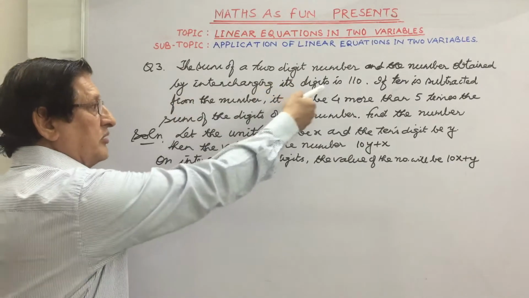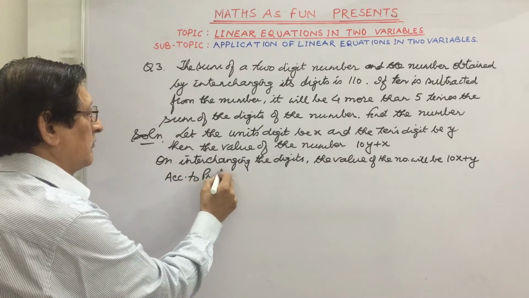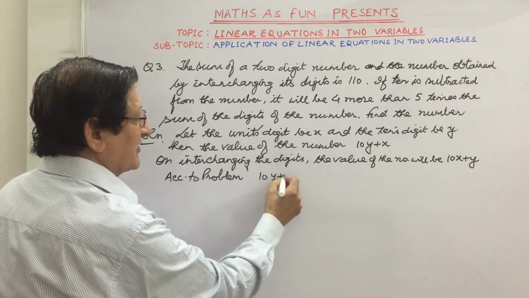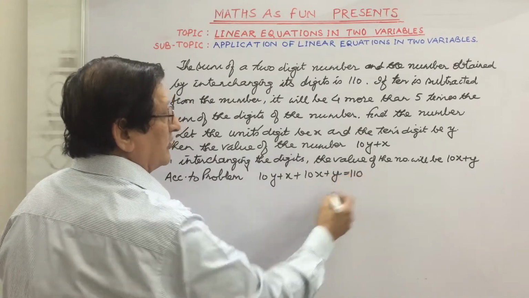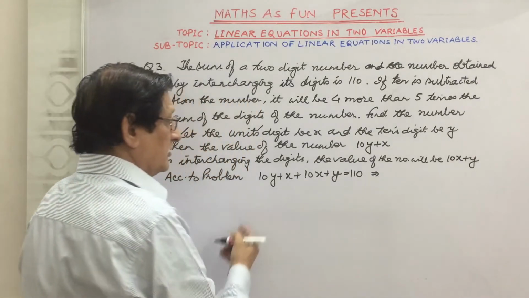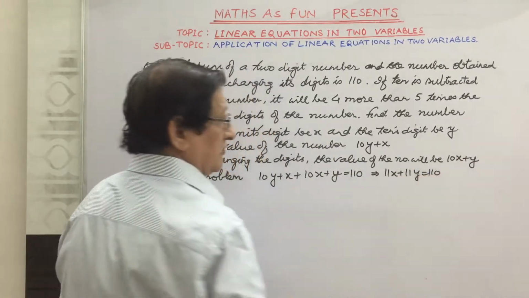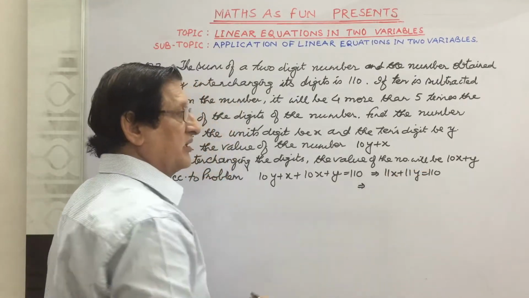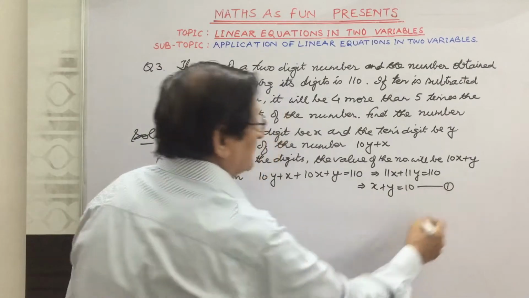Sum of these two is 110. So we can write according to problem, we have 10y plus x plus 10x plus y is equal to 110. If we add them, we simplify. This is 11x plus 11y equal to 110. To make it some more easy, we can divide the equation by 11. So we get x plus y is equal to 10. That becomes the first equation.